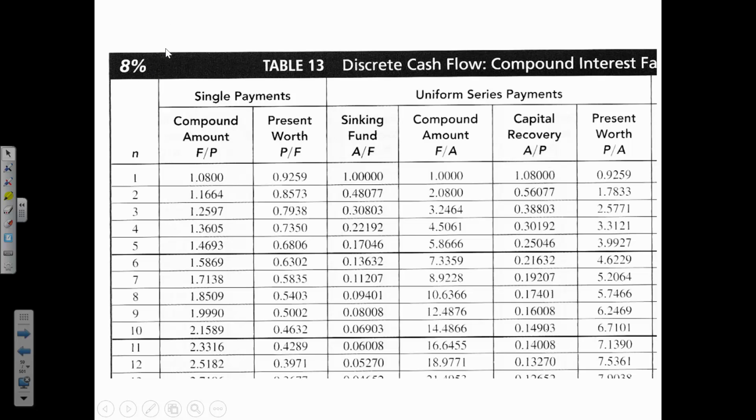I think your textbook has 1/4%, 0.5%, 3/4, 1, 2, 3, 4, 5, 6, then maybe jumps to 8. And the rows have n down through 50, and then I think it jumps 50, 60, 70, making bigger jumps down through the number of years.